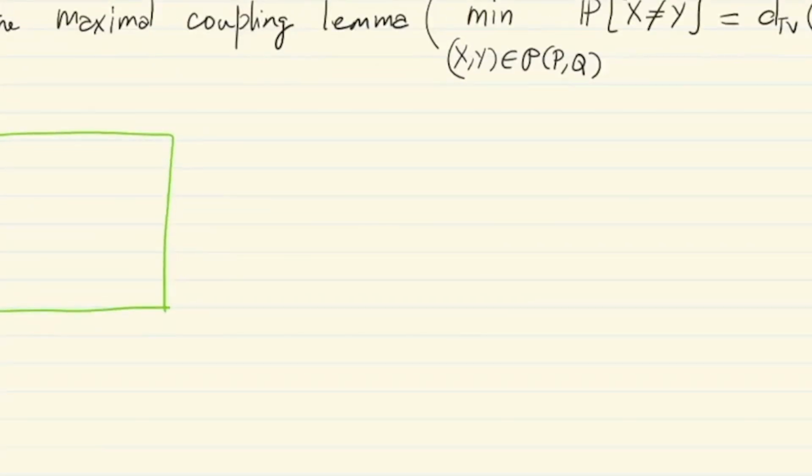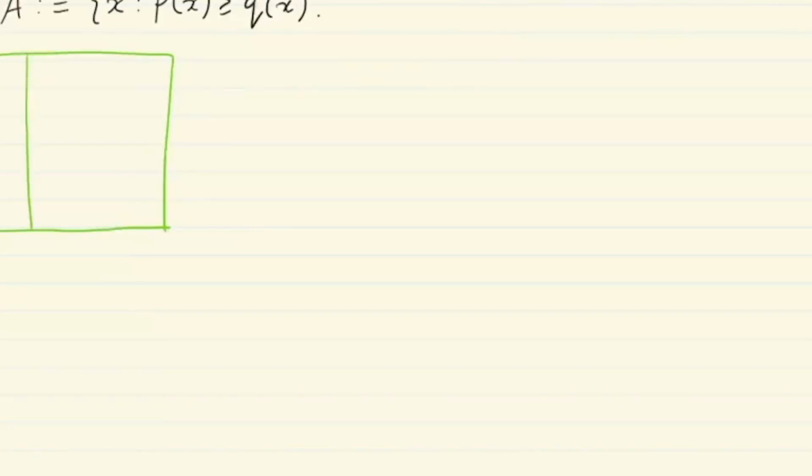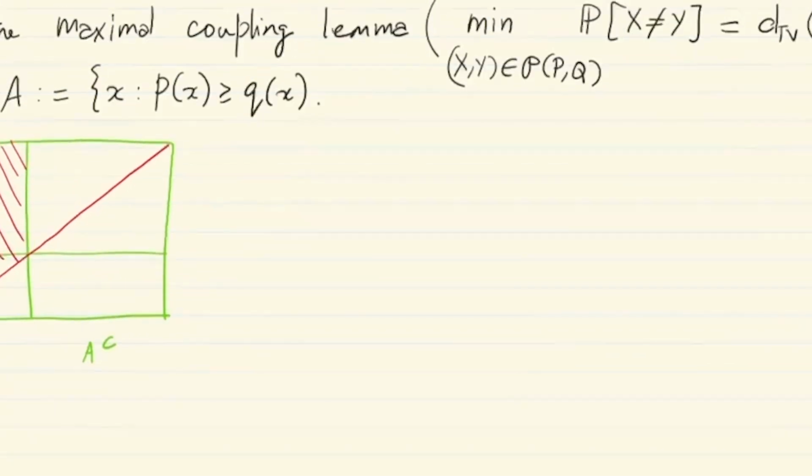If you define A as the set of all x where P dominates Q, we basically split this 2D square into A and A complement, on the x and y parts. This was the diagonal where we put as much probability mass as possible, and the remaining probability mass was all put on the northwest quadrant.